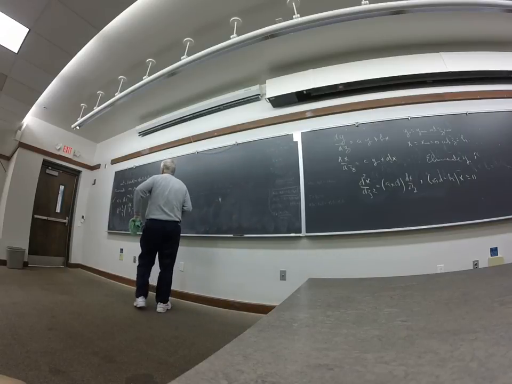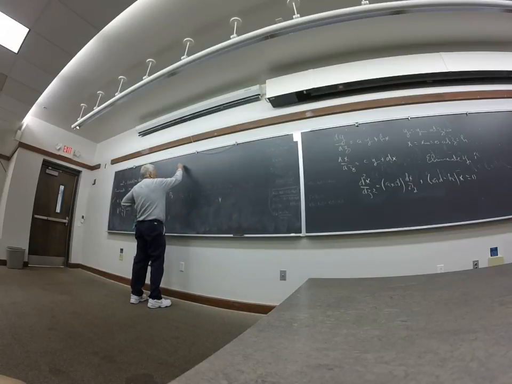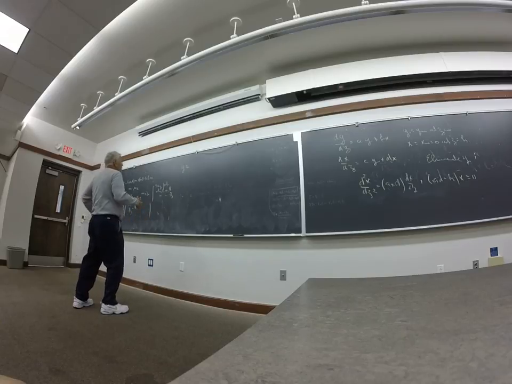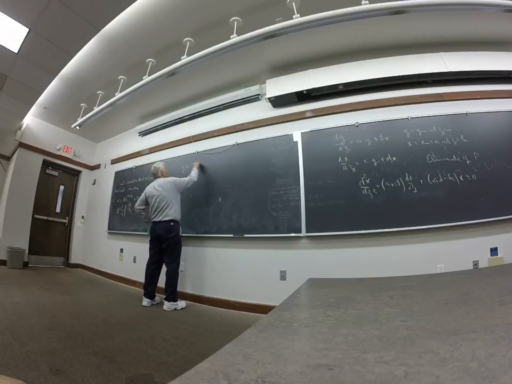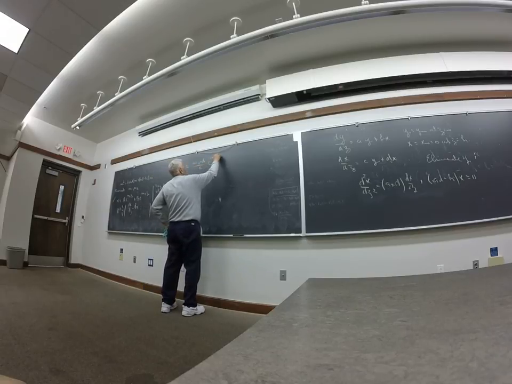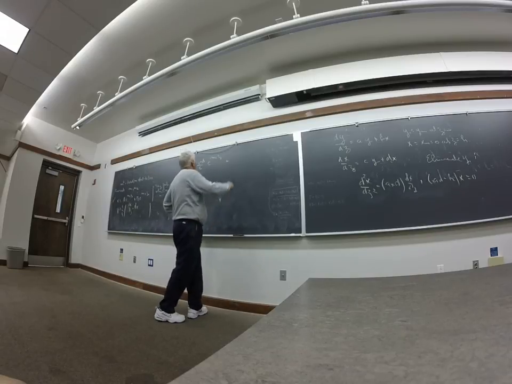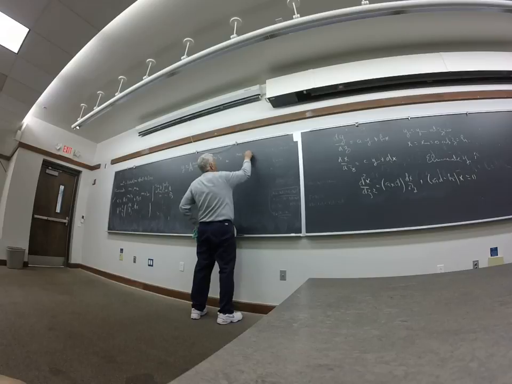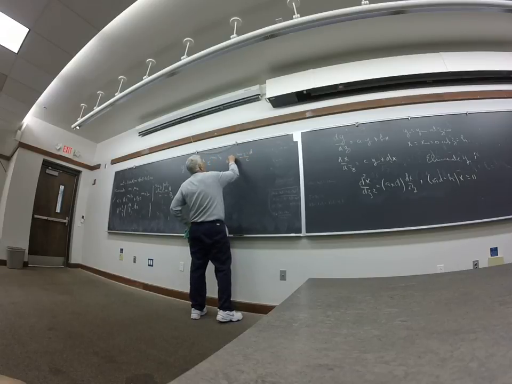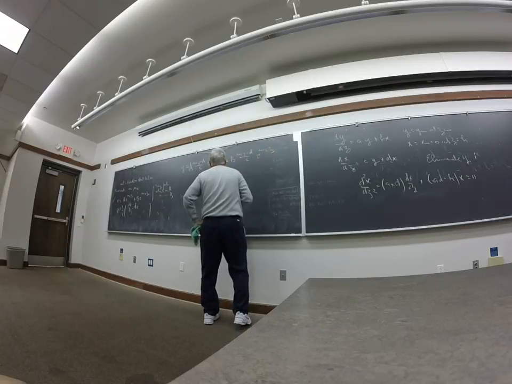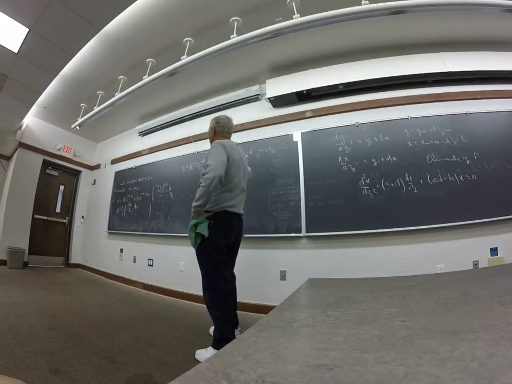So, what do I do? That's x. Y must be, okay, it's going to be (m1 minus d over c) e to the m1z times A plus (m2 minus d over c) times B e to the m2z. So here is x and here is y.